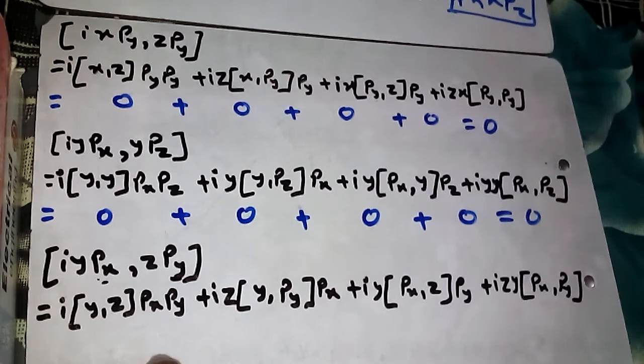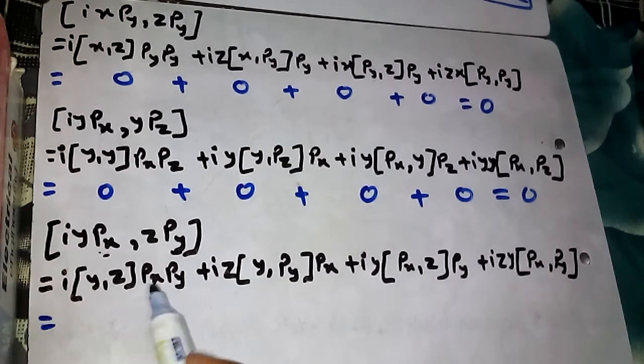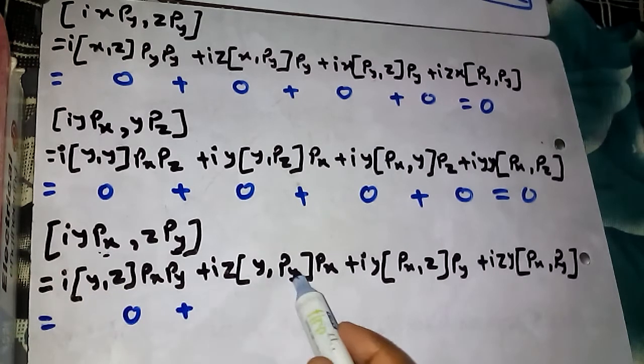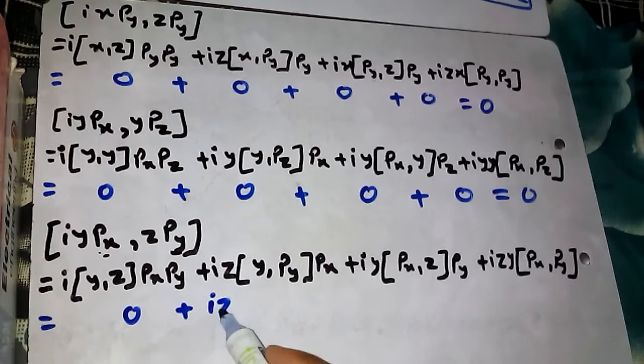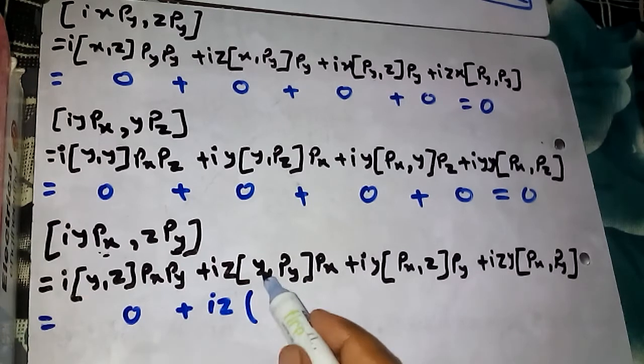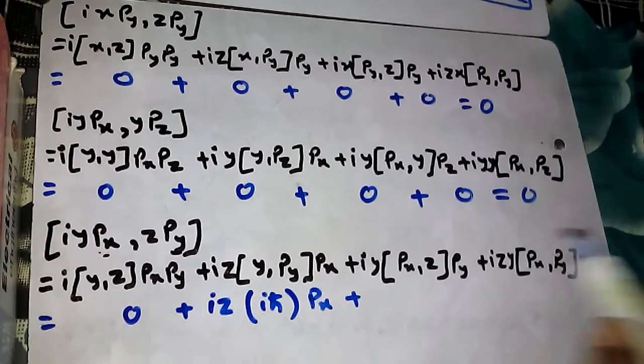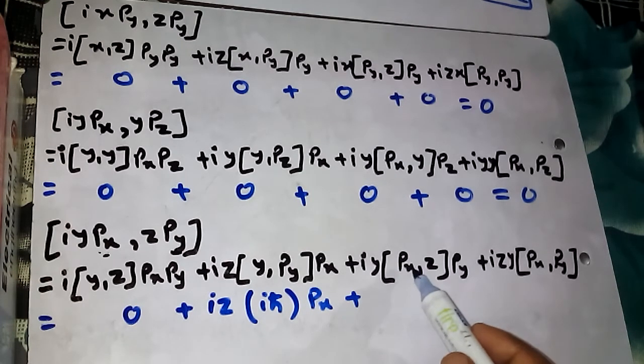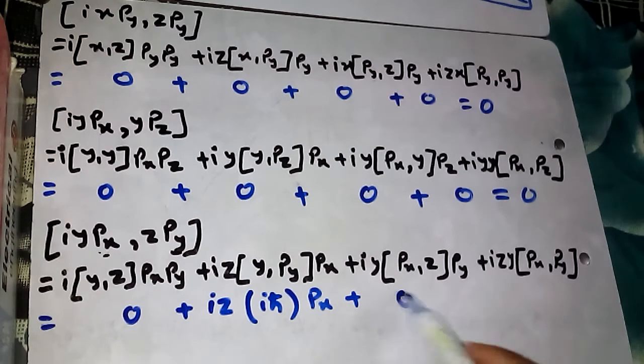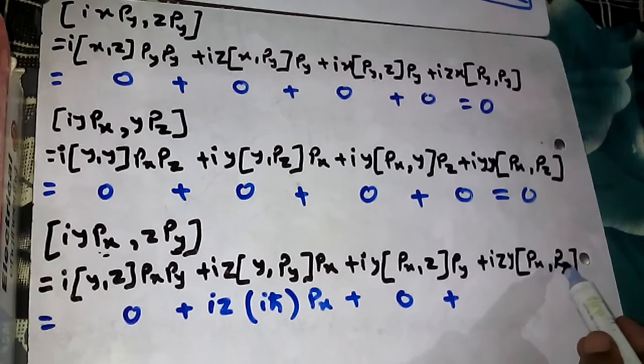And again you can see that the commutation of two position operators is 0, plus this is not 0, this is i z and [y, py] is i h cut and this is px, plus it is the commutation of momentum and position, but the x component of momentum and z component of position, so it is 0, plus both are momentum operators, so it is 0.